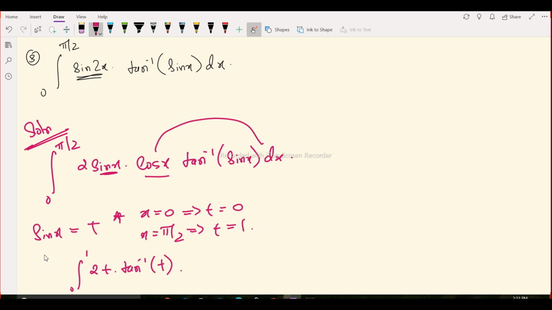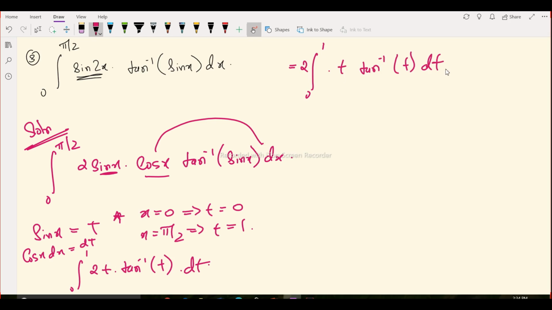Because sin x is t, the derivative is cos x dx equal to dt. So now the question becomes the integral from 0 to 1 of 2t tan inverse t dt.